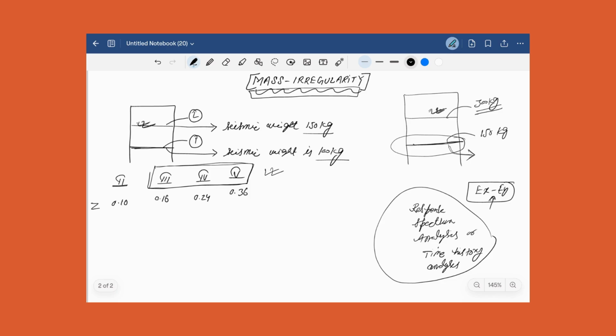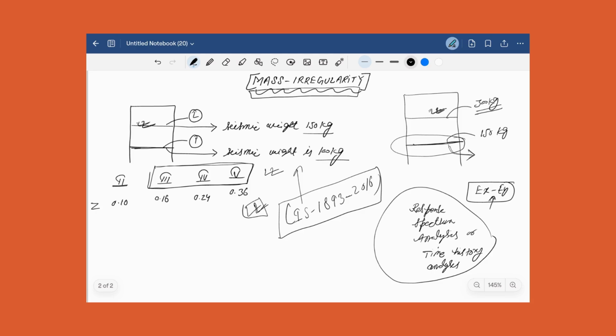So this is the mass irregularity of structures, and this is for IS 1893 2016. According to IS 1893 2016, if the seismic weight of any floor is more than 150% compared to the story below, then we say that this structure has mass irregularity.